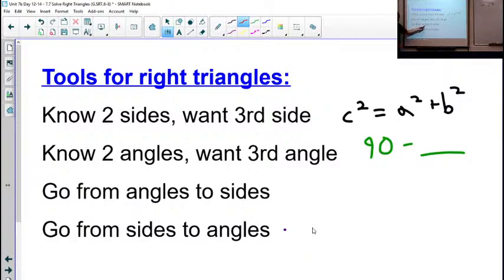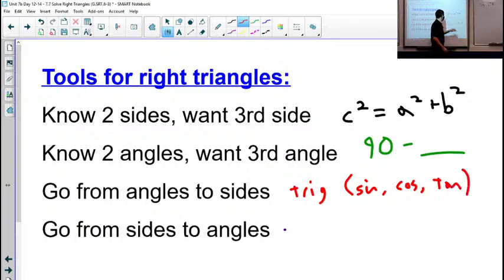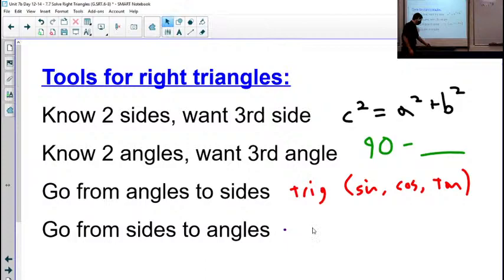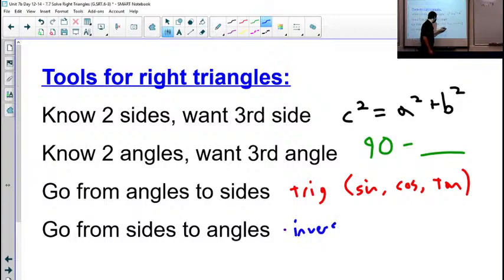If I'm trying to go from angles to sides, if I have an angle that I know and I want to get a side that I don't, that is our trig. That is sine, cosine, and tangent. If I want to go the other way and get from a side that I know to an angle that I don't, that is inverse trig.